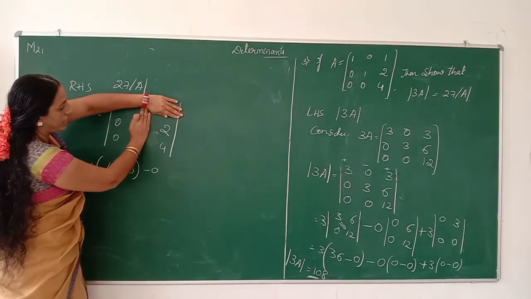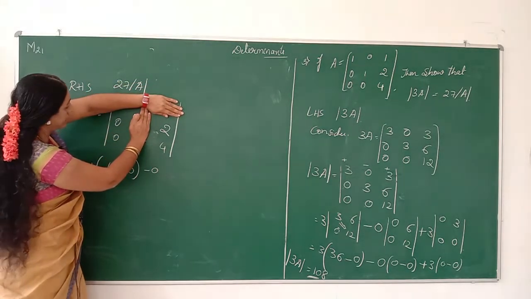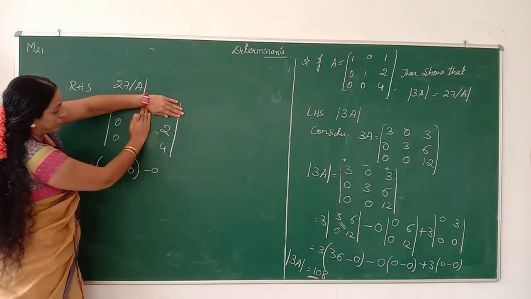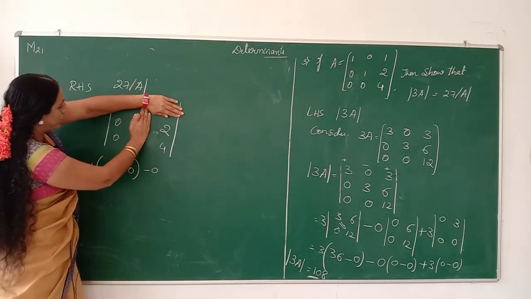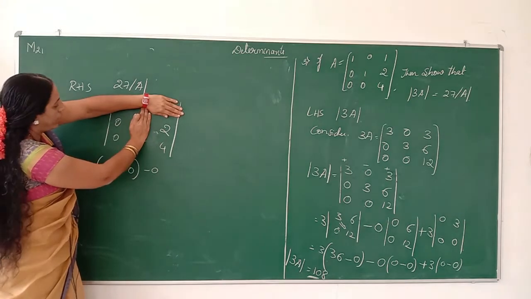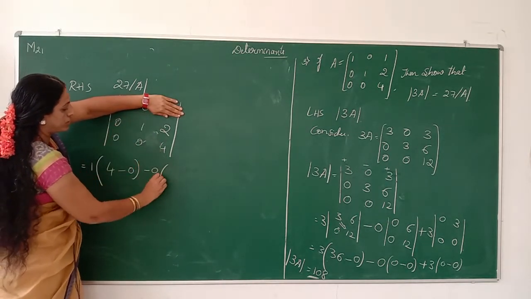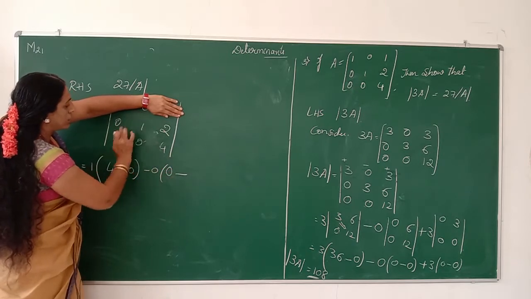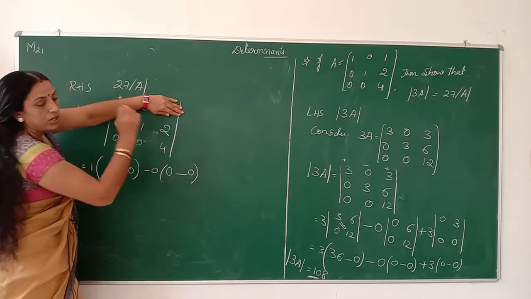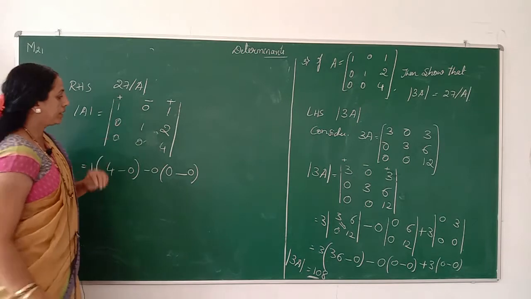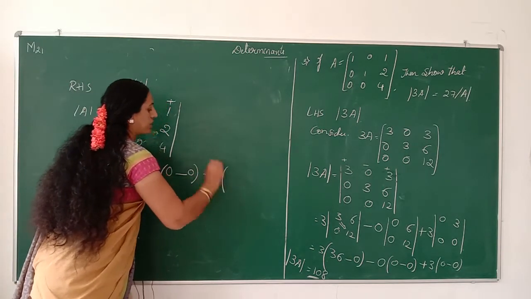These are also closed off like this. The remaining elements are read as 0, 2, 0, 4. By cross multiplication, 0 into 4 is 0, minus 2 into 0, which is also 0.